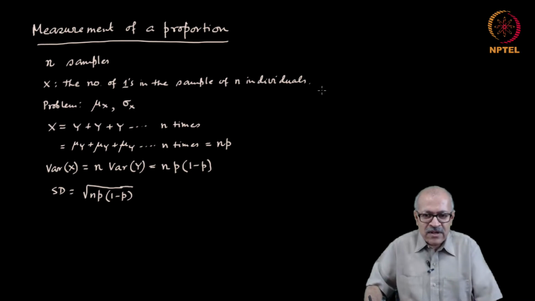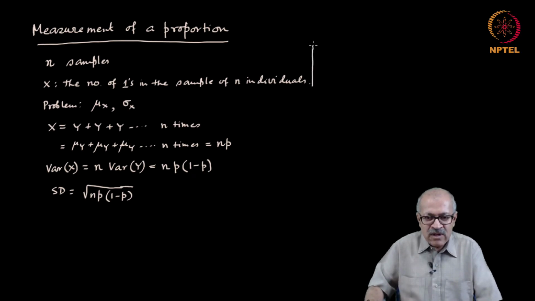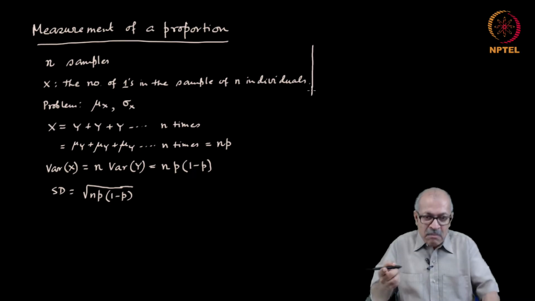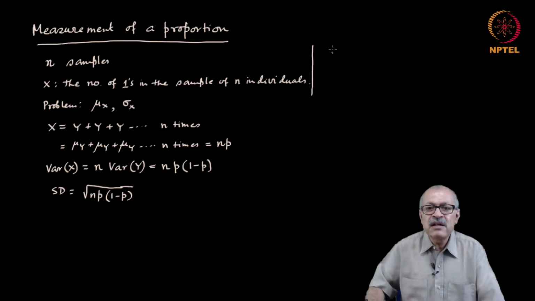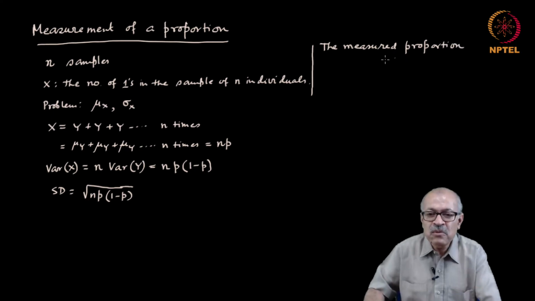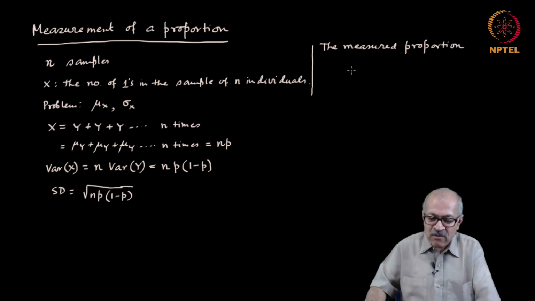Now, what are we actually trying to find out? We are actually trying to find out the proportion, the measured proportion. x is the number that we have found divided by the total number of samples, that is the measured proportion.